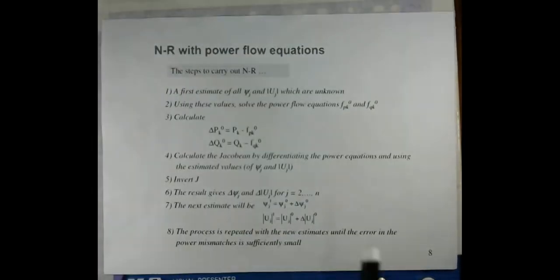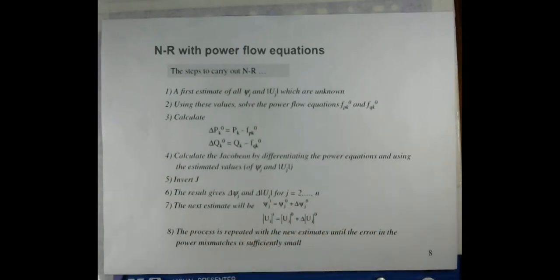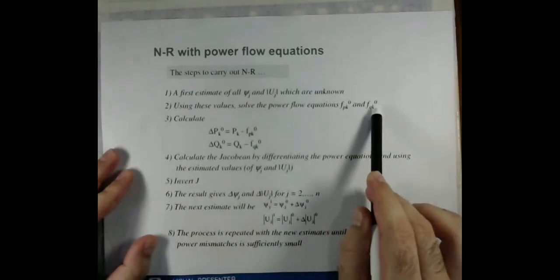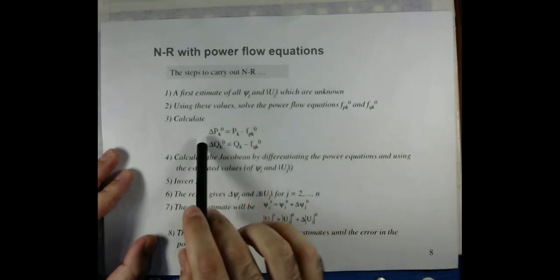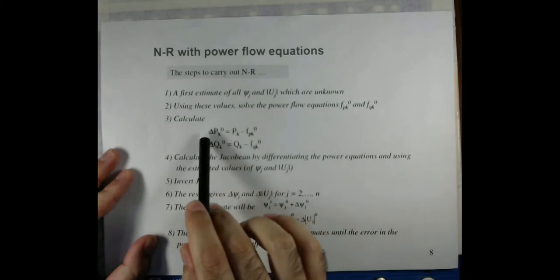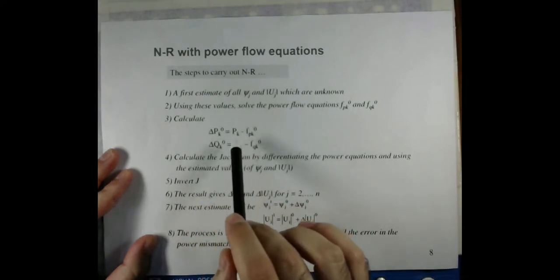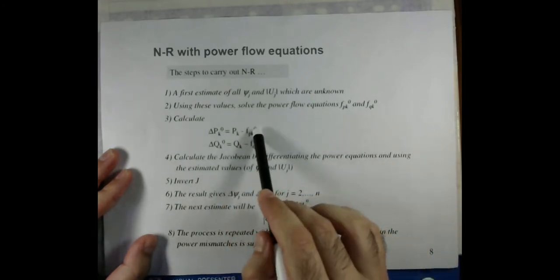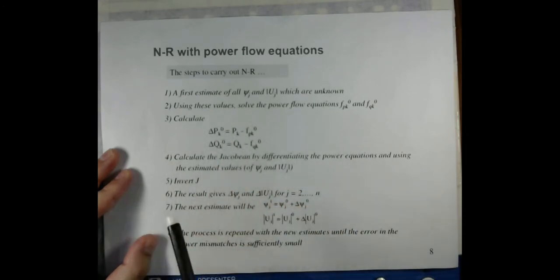So the next step is to solve the power flow equations based on the estimates, and then once we calculate the active and reactive power based on the initial guess, we then also calculate the error in what we also call power mismatch, because we know these powers on load buses. So with the initial guess we calculate the values, subtract them from the known values, and we get the error.